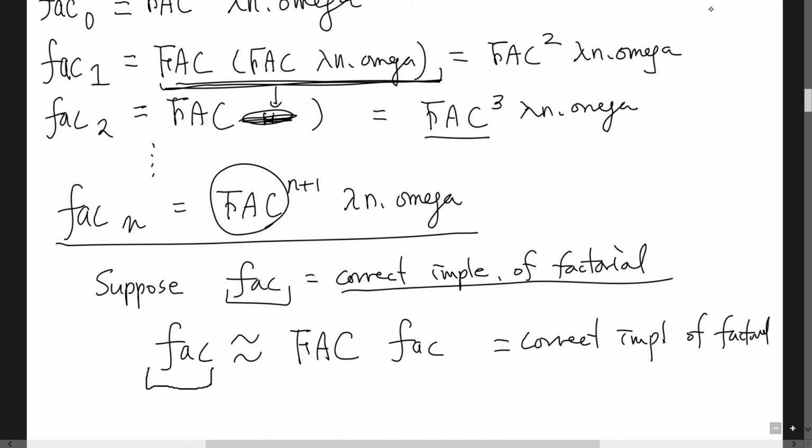These two are not equal. They are syntactically different. But semantically, this one is a correct implementation of factorial, so its behavior should be identical to this function f, fact. So now we have this informal equality between this expression and this expression.